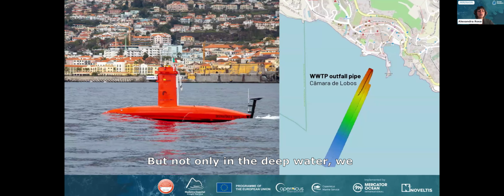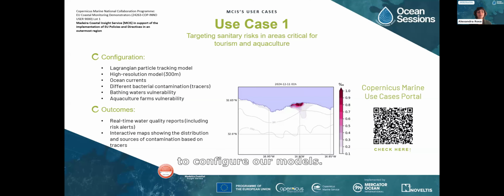But not only in deep water, we can also measure the bathymetric structures very near the coast, around 5 or 10 meters depth, where we are able, with high resolution data, to identify, for example, the wastewater treatment plants' outfall pipes. Then we can use this information to configure our models.